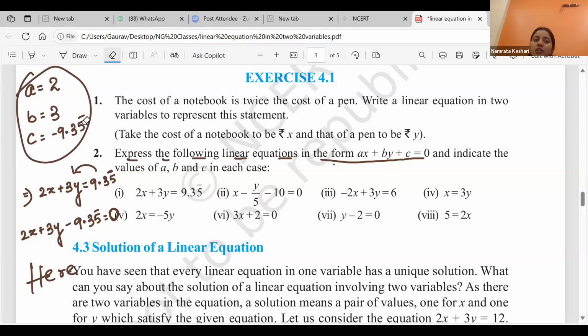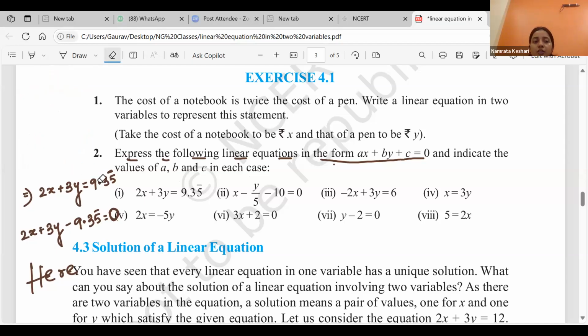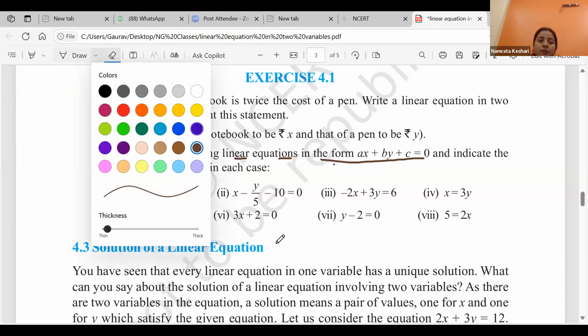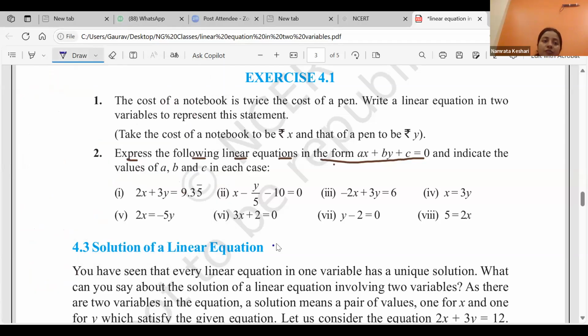Each and every question will be done in the same manner. We just have to express it in the standard form of linear equation in two variables. Even if it contains one variable, still we have to represent it in that format. Let's do it. x minus y by 5 minus 10 is equal to 0.